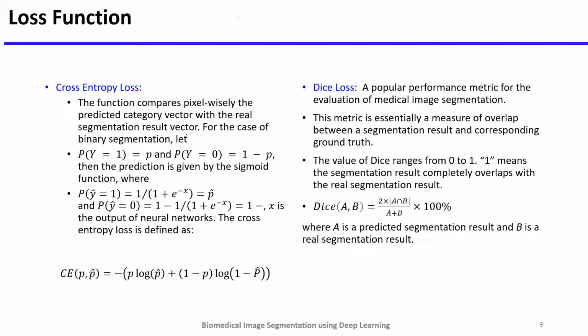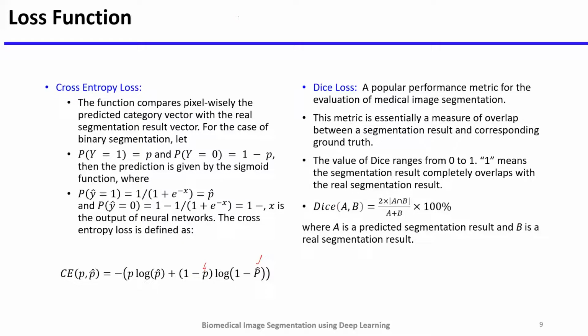So as we do in the cross entropy, if it is a two-class problem, each pixel we want to classify into two classes, then in that case, the cross entropy could be defined as minus p log p cap plus 1 minus p log 1 minus p cap, where p cap is a computed probability from your architecture and p is the given value of the data set.